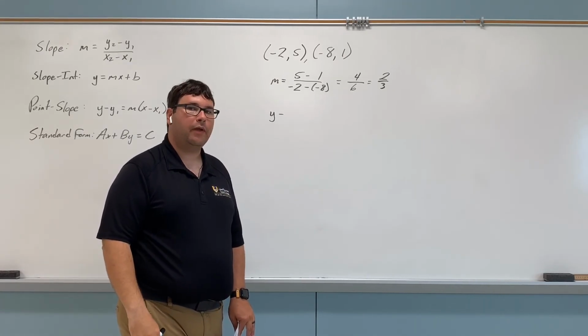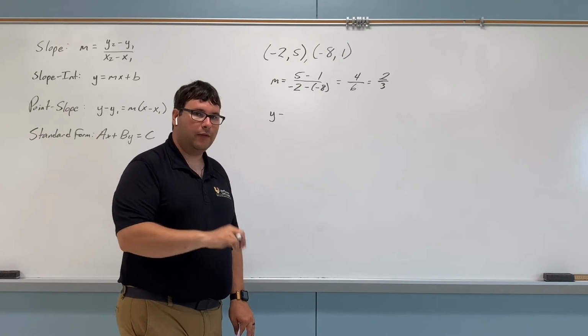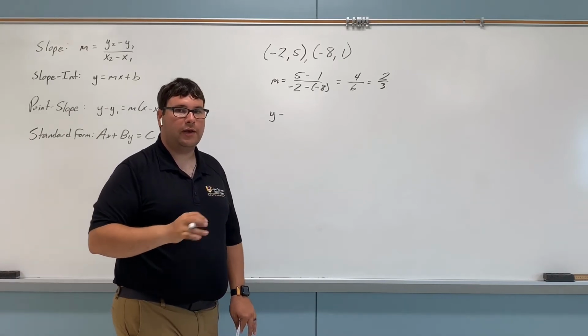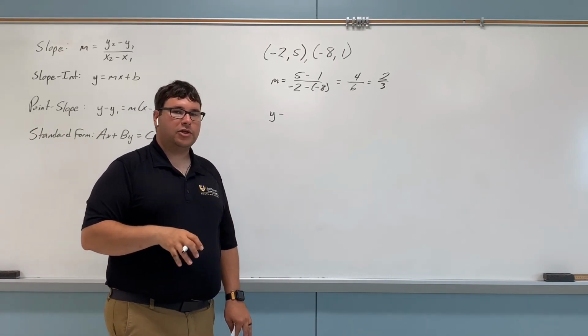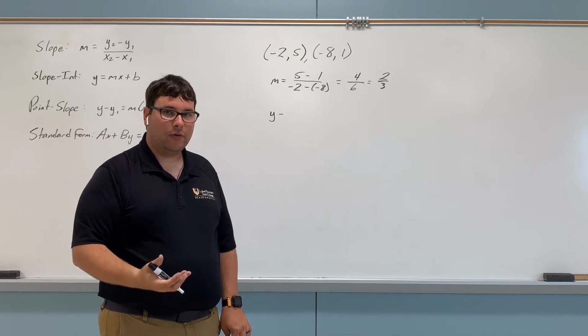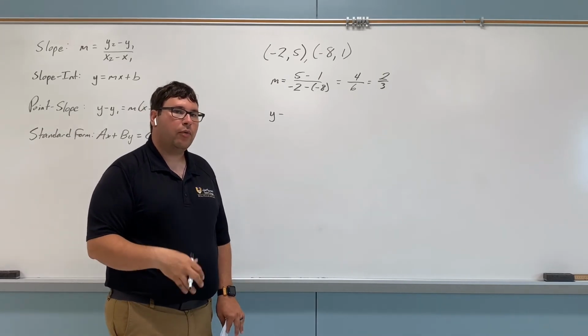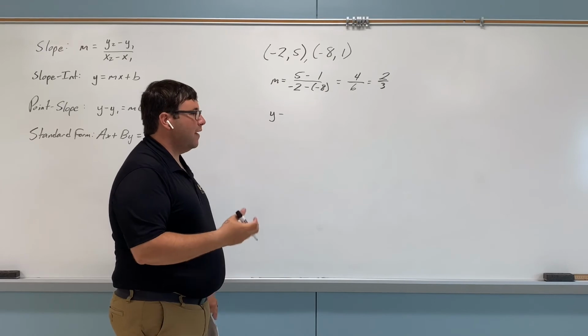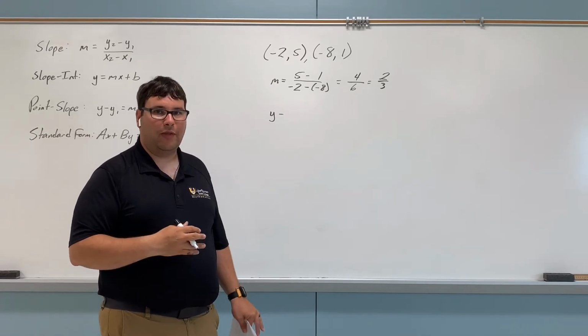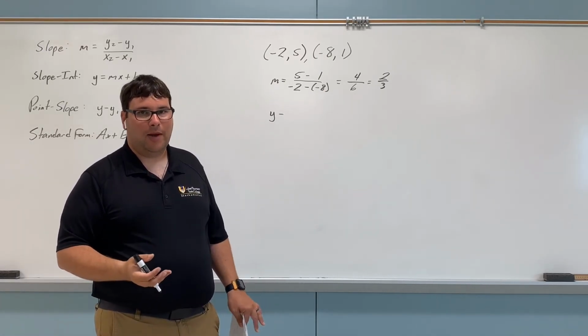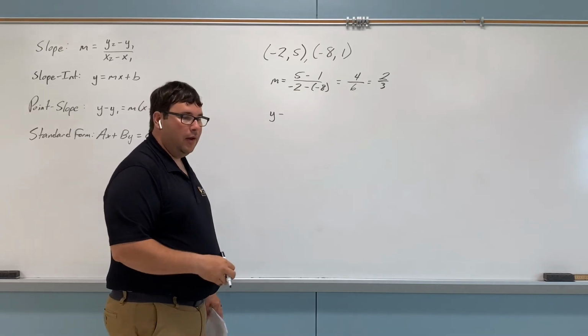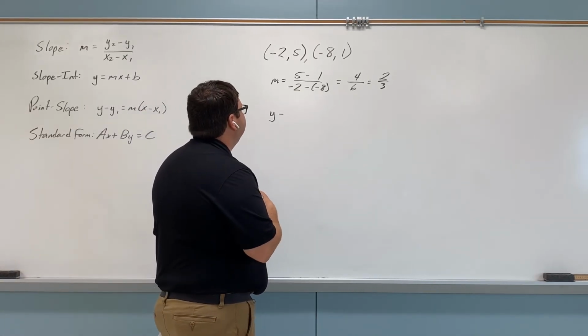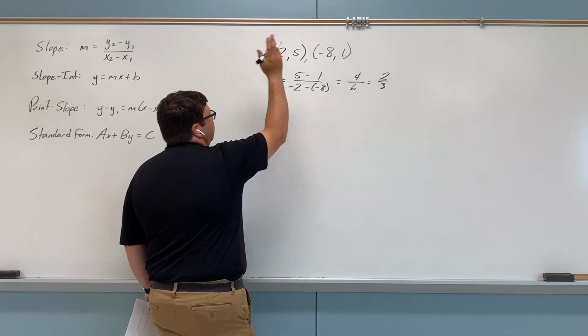No, because both points are on the line. So pick a point. It does not matter. I always suggest picking the point that is easier out of the two. And if it's not very clear if one's easier than the other, then it really doesn't matter. Just pick a point and go for it. So I'm going to pick just the first point.